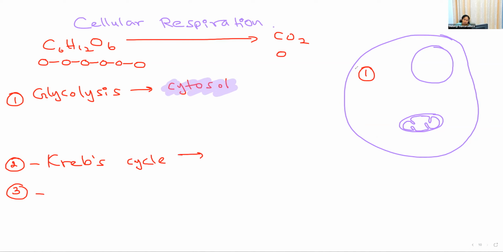Whatever product is produced from glycolysis is going to go into the mitochondria and undergo the Krebs cycle in the matrix. And the third stage is the electron transport chain, which is going to be in the cristae.